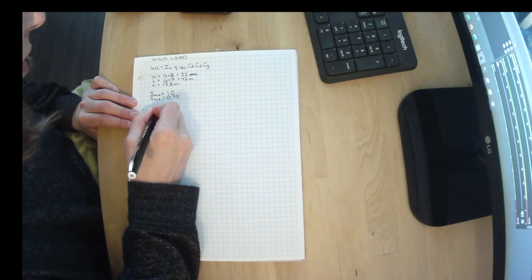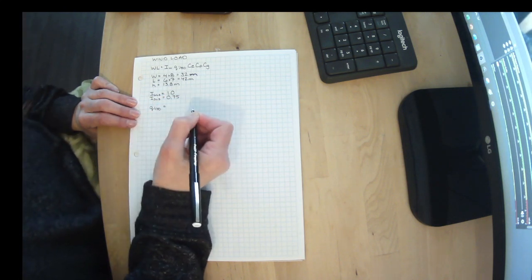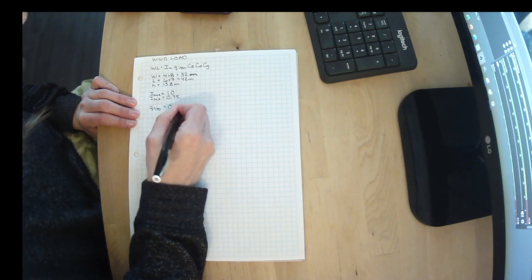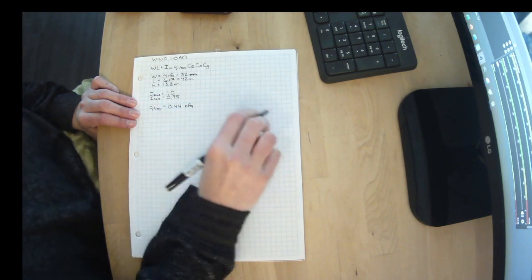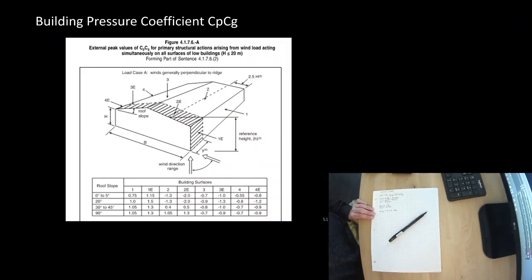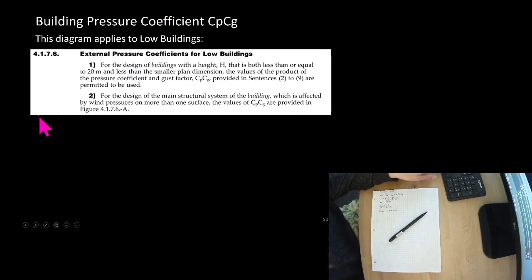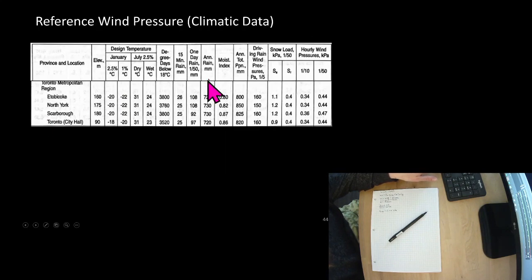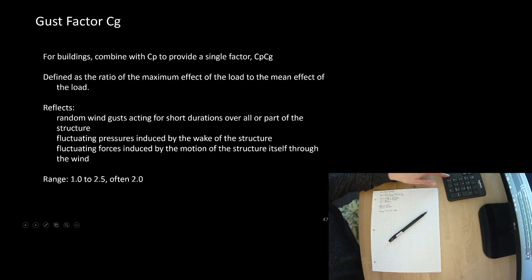Q, or our 1 in 50 wind pressure, they gave us as 0.44 kPa. And when I say they, that came from that same table we looked at for snow. So you can see here, Toronto, hourly wind pressure, 0.44.